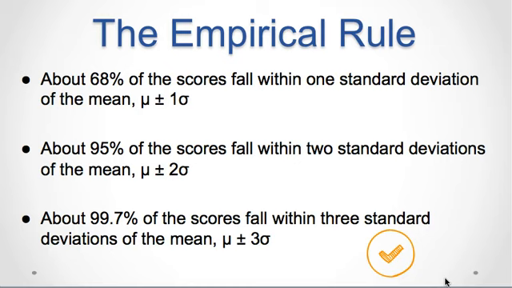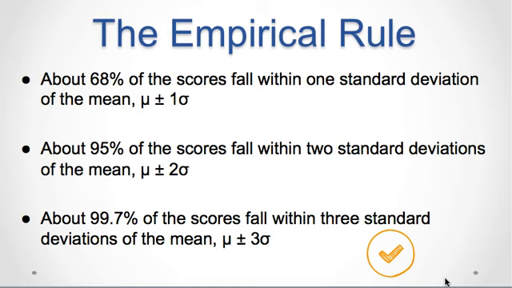Approximately 95% of the data will fall within 2 standard deviations of the mean, plus or minus 2 sigma. And finally, approximately 99.7% of the data will fall within 3 standard deviations of the mean, plus or minus 3 sigma.